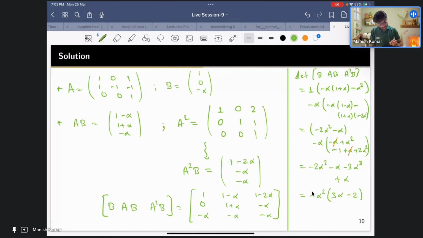So this determinant or the rank of this, let me write in the next page.